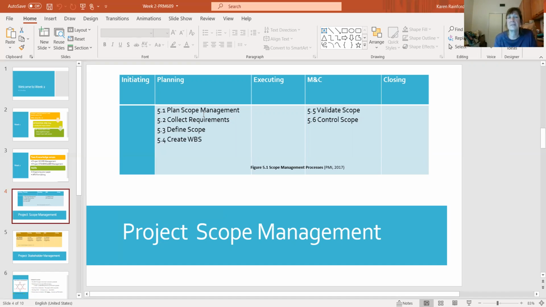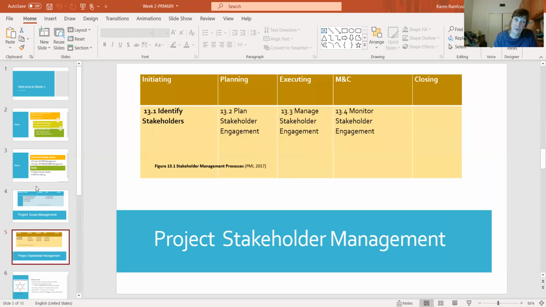So those are the things that in 5.1 plan scope management, you'd be talking about, not coming up with a work breakdown structure. So that's what I mean by making sure that you're situating yourself within those processes without talking about them onesie-twosie.